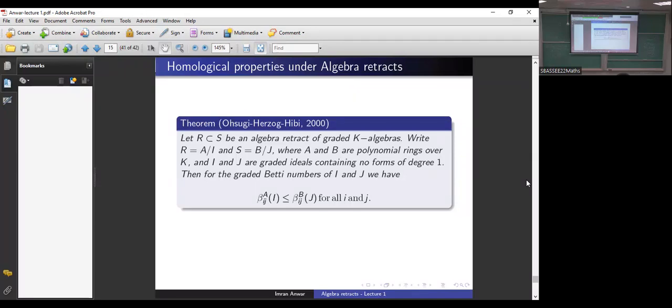I repeat, declaring that there does not exist an algebra retract between A and B is not a simple problem. How to attack this kind of problem?